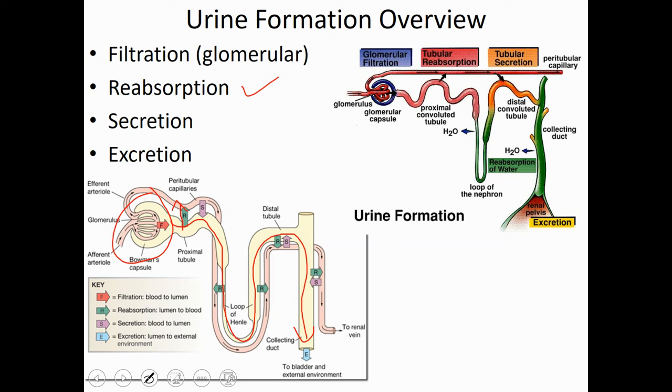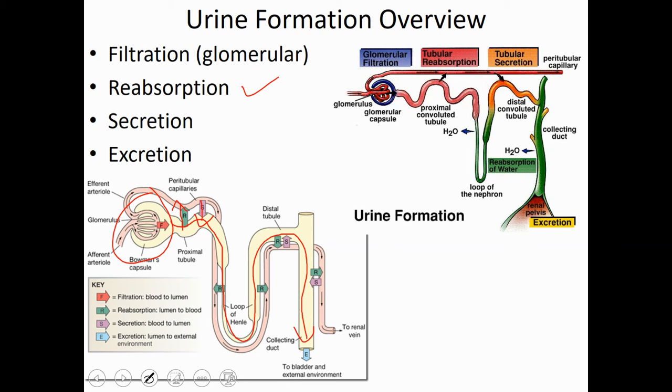We also have what's called secretion, which we'll talk about later on, but that's where we take it directly from the blood and put it into the urine further down the road. And we'll see when that happens. That's what we use to get rid of drugs, unused antibiotics, and poisons, toxins, stuff like that.